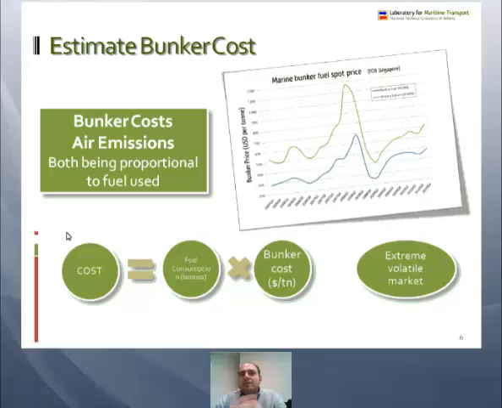The bottom line is that by reducing speed, or with any other measure that reduces fuel consumption, you reduce the bunker cost, which is good for the company, and you reduce emissions, which is good for the environment. So we have a so-called win-win situation.